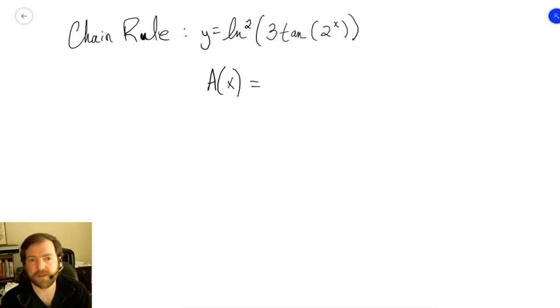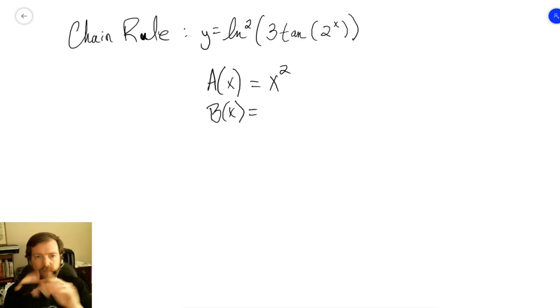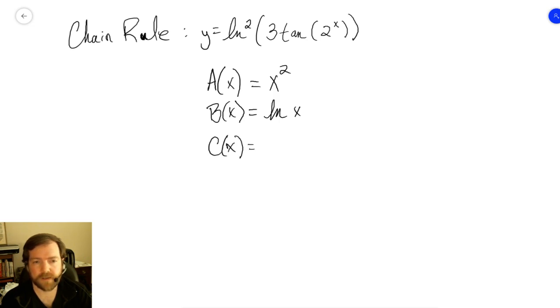a of x is going to be x squared. b of x is the next function in, right? The function that's being squared is a natural log, so b of x is the natural log of x. c of x is the function immediately inside the natural log, which is 3 times something, right? 3x. We could do that. You don't have to go quite this slow. You can speed it up if you want to.